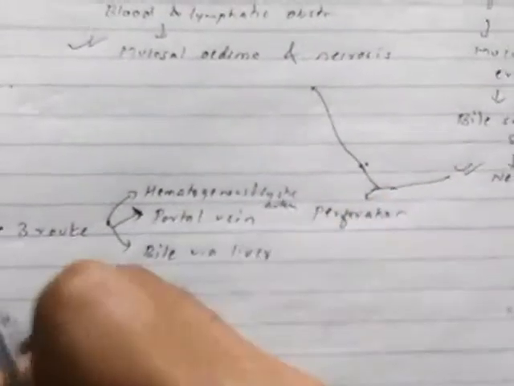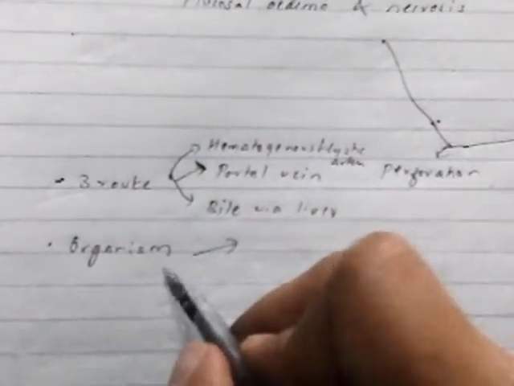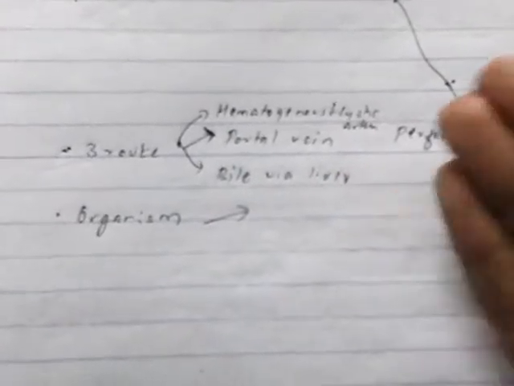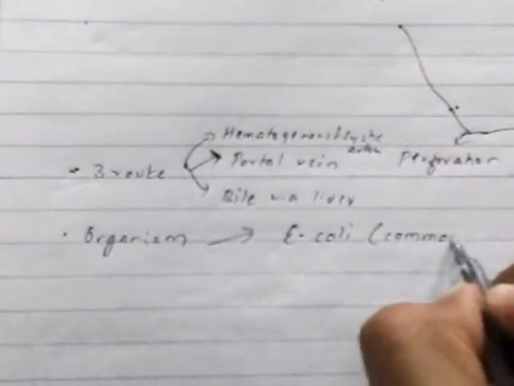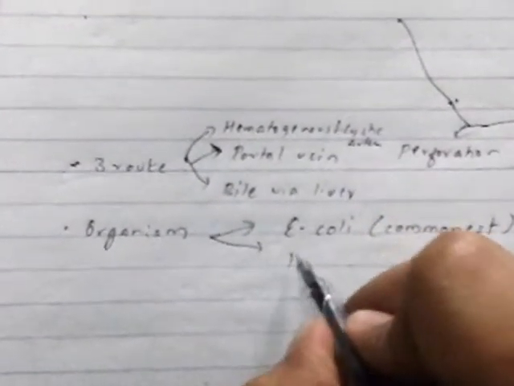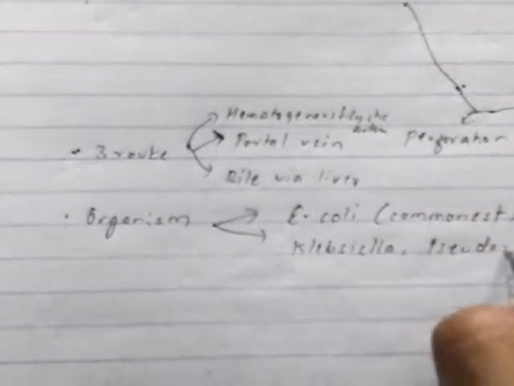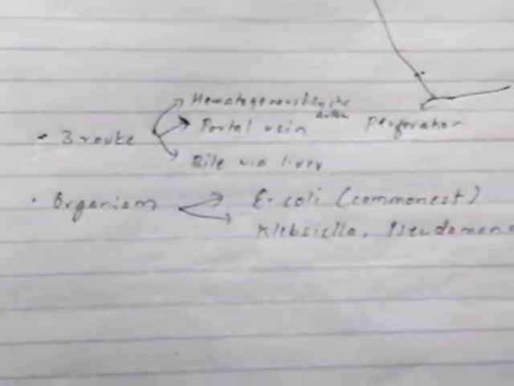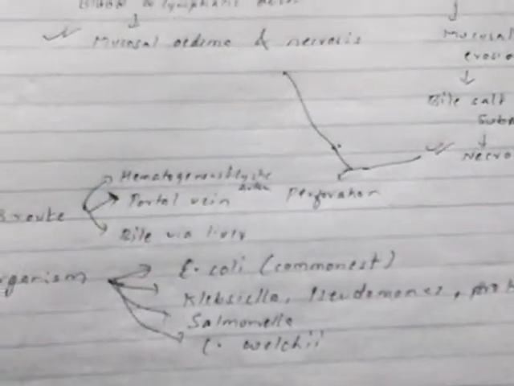Most of the organisms are gram-negative, like Klebsiella, Pseudomonas, Proteus and E. coli. The most important and commonest is E. coli. There can also be Salmonella and Clostridium welchii.